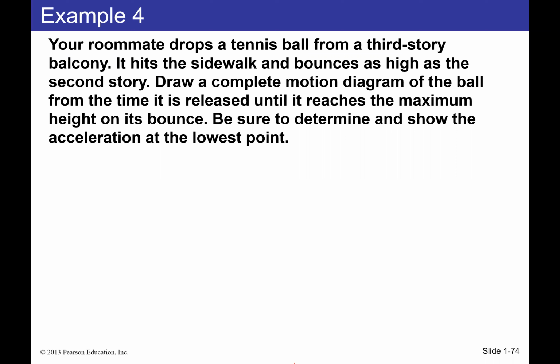All right, so remember, when it says it's dropped, it means it starts from rest. So you start from rest, and when you're dropping, you know that one thing is going to happen, it's going to speed up. So it's going to speed up all the way until it hits the ground. So now, you start from here. So let's say, in which direction will be the acceleration vector? Remember, in this case, you have 0 velocity.